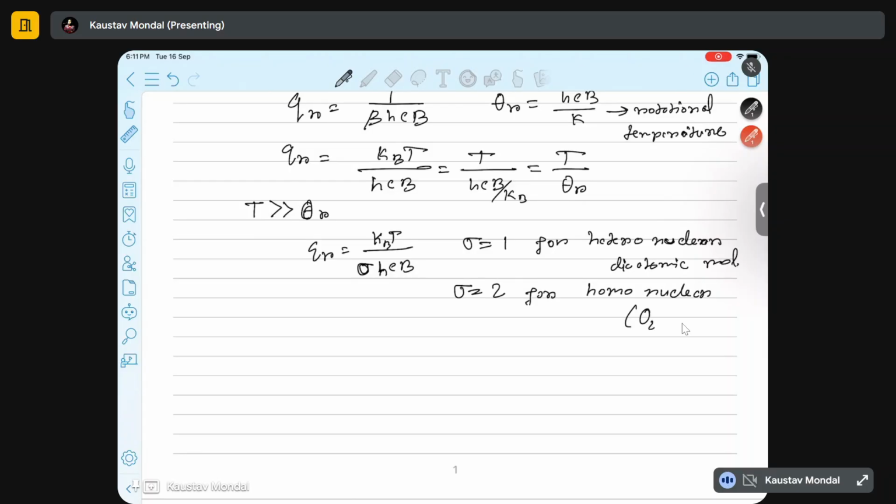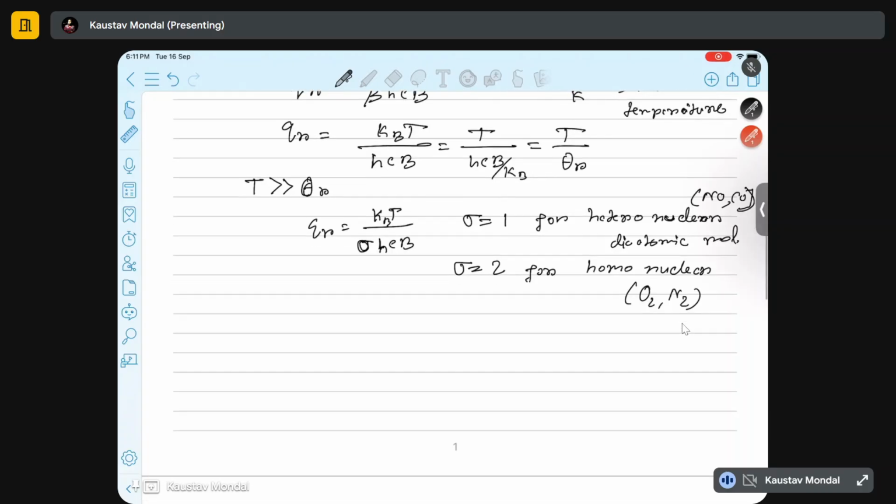Homonuclear means like O2, N2. Heteronuclear means NO, CO, where the two atoms belong to two different species in a molecule. So that molecule is a heteronuclear molecule.